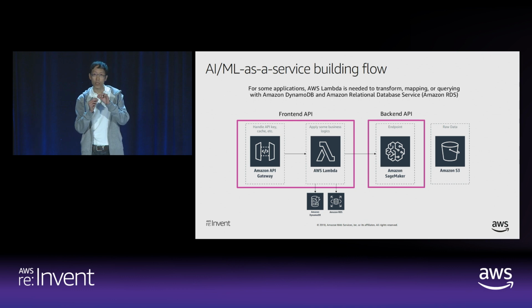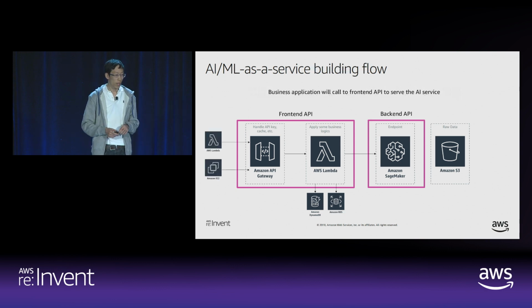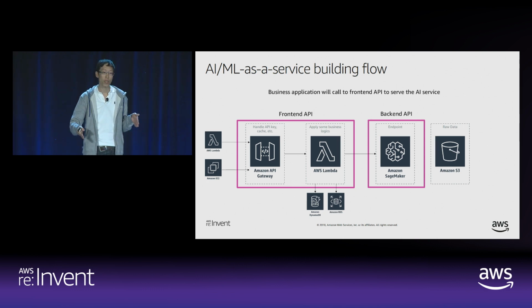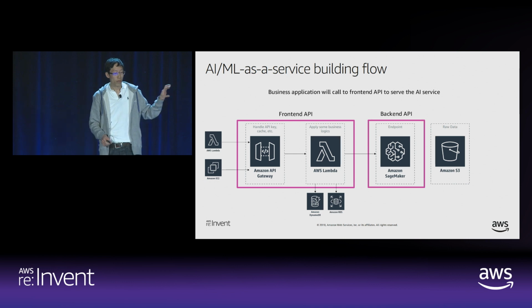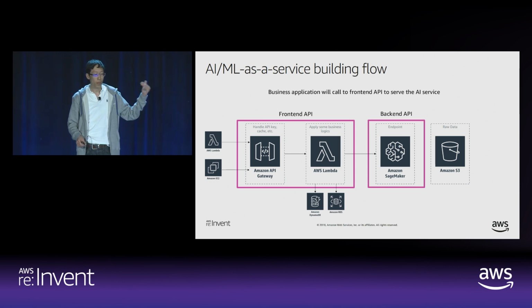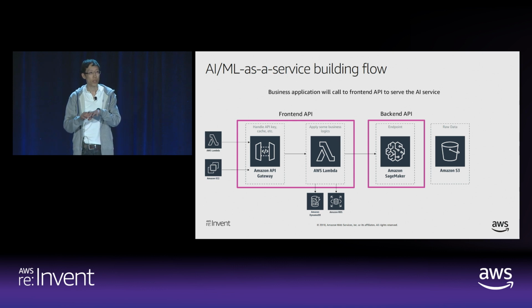So the Lambda business logic is going to connect with DynamoDB or maybe RDS, okay? So you're going to build the AI as a service with API gateway, Lambda, SageMaker, and on the data science side, you're going to have S3 as a data lake. So the Lambdas from other services are going to call the API gateway, not call SageMaker directly. Okay, so you're going to protect the SageMaker environment using the API gateway.